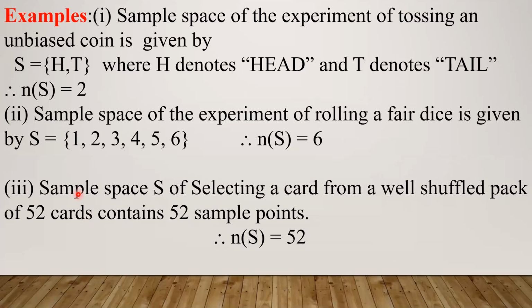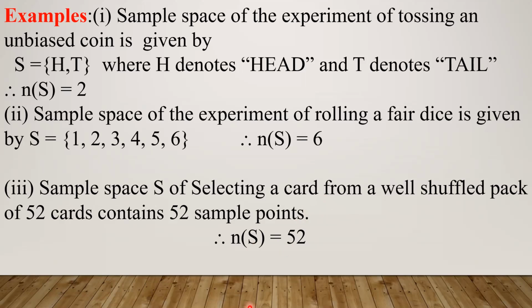And take the sample space of selecting a card from a well shuffled pack of 52 cards. If you are asked to just select one card out of a pack of 52 cards, you may have any one card in your hand. So it can be selected in 52 different ways. So n of S will be 52.